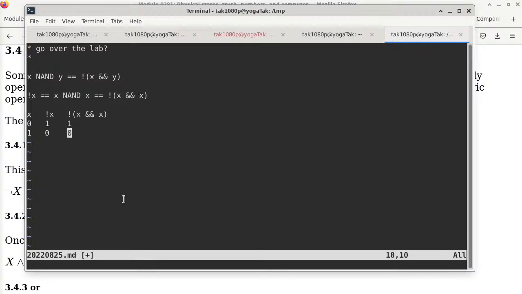And this is a very useful technique when you're dealing with Boolean expressions. If you want to see if two Boolean expressions are equivalent to each other, one way to do it, not the only way, but one way, is to use a truth table. And when you use a truth table like this, you don't even need to bother with Boolean algebra.